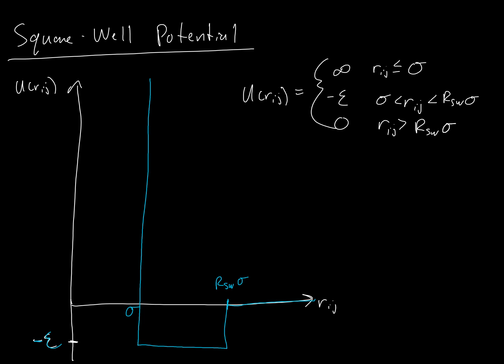Or they can be used to look at scaling relationships or generalized understanding. But they're not going to be particularly accurate for a real fluid or a complex fluid. Now for that, the most common potential that we use for a real or a complex system is called the Lennard-Jones potential.